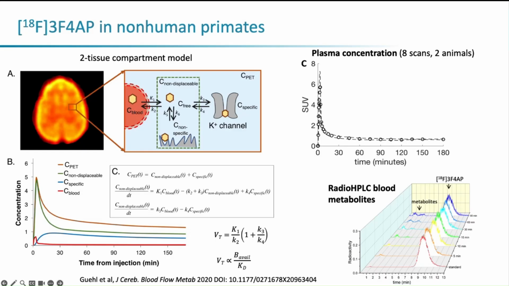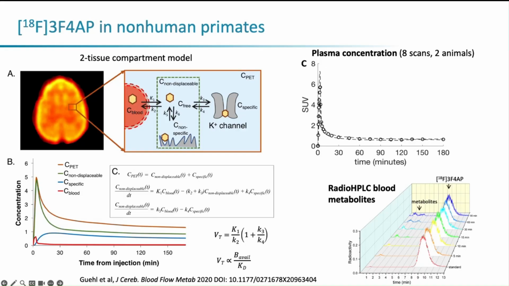But if you measure the concentration in the whole brain, or in any brain pixel, and then you also measure the concentration in blood, you can write differential equations and solve for these different compartments. And then, because at the end, what you want is to know your volume of distribution, which is proportional to the concentration of the receptor.